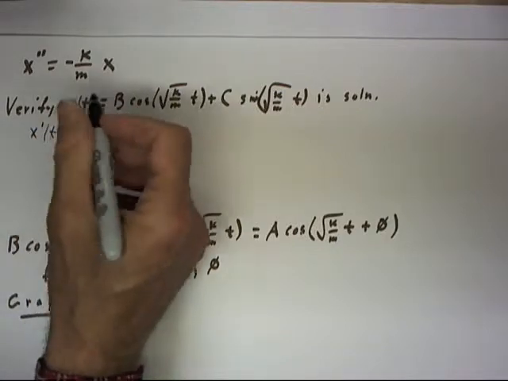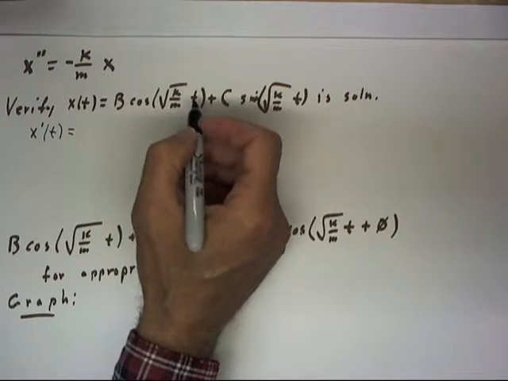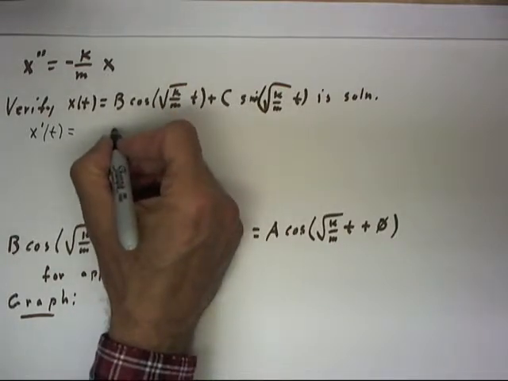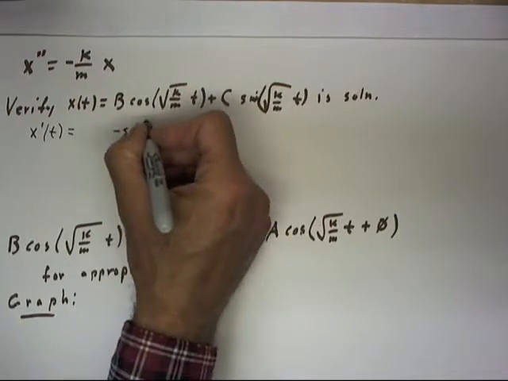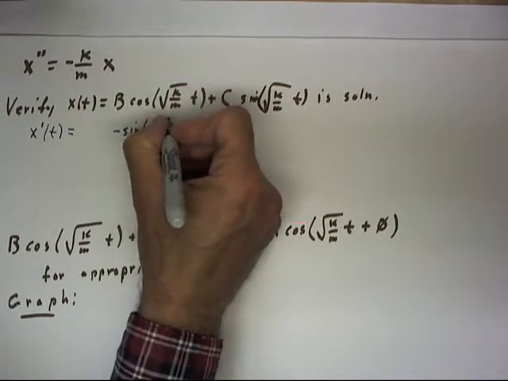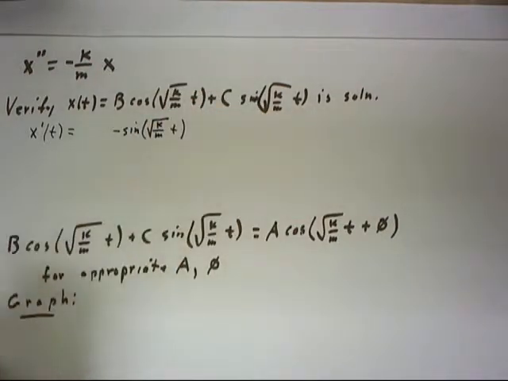X prime of t equals what? Well, the derivative of the cosine of t would be negative the sine of t, so we're going to get a negative of the sine function, and as we know from the chain rule, that's going to be a sine of the square root of k over m times t.